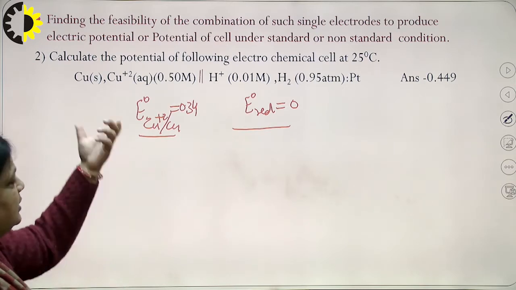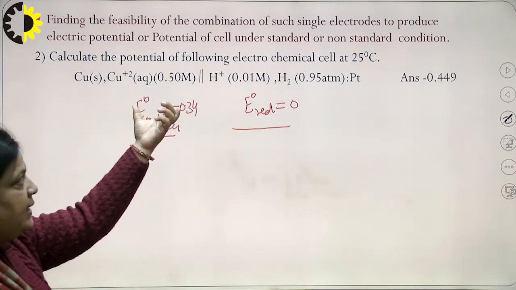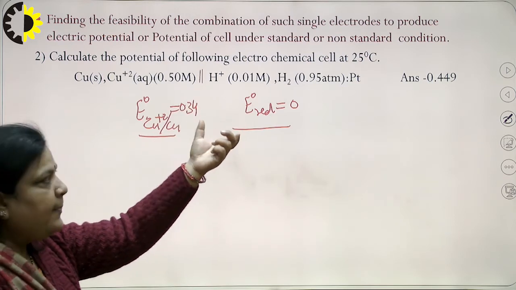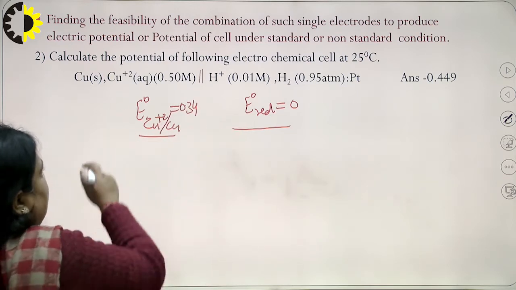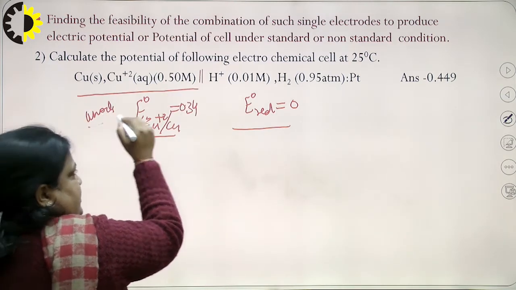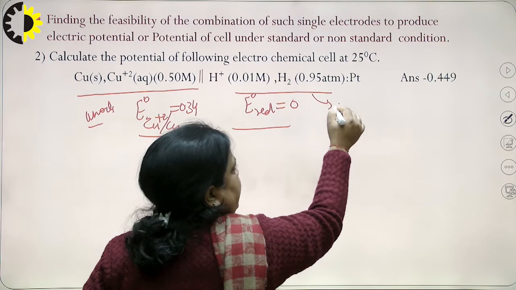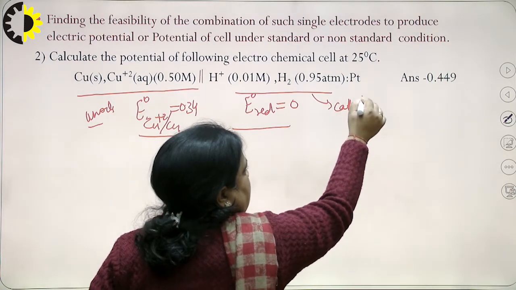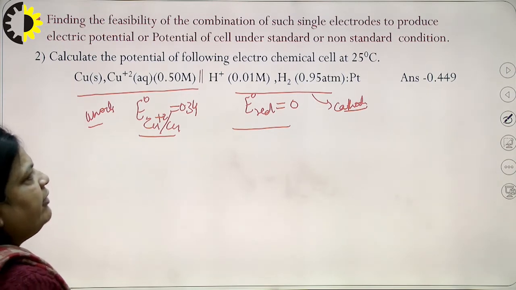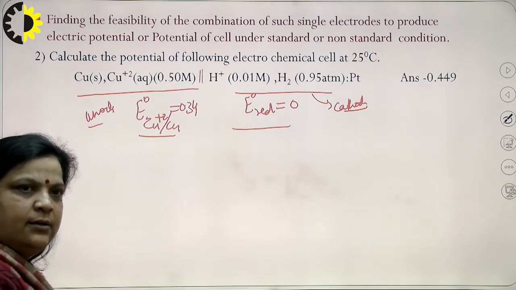But the cell is given, so this cell is at non-standard condition, because in this case copper is acting as an anode and this as a cathode. So, in this case we can find the electrode potential.